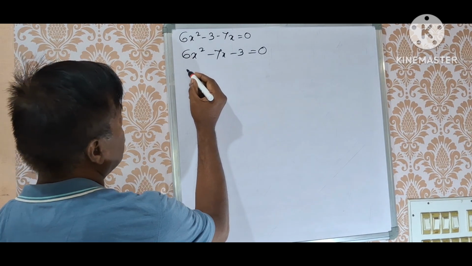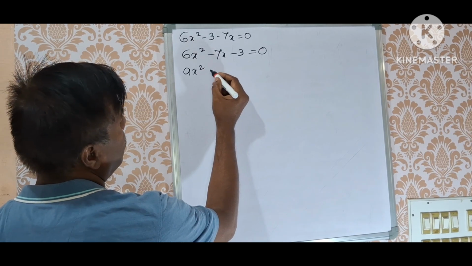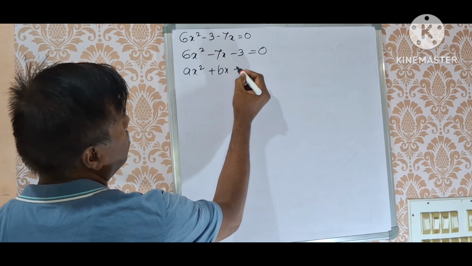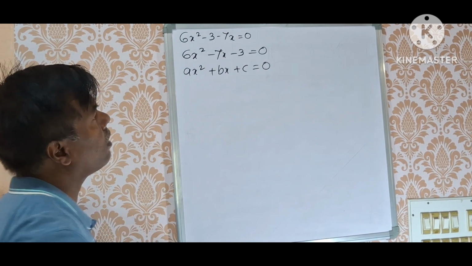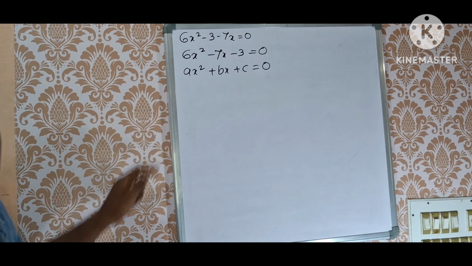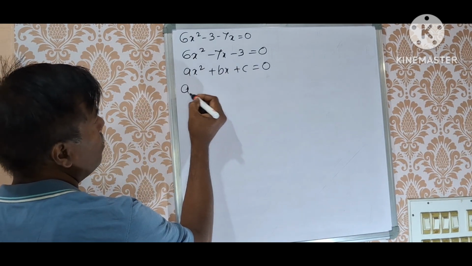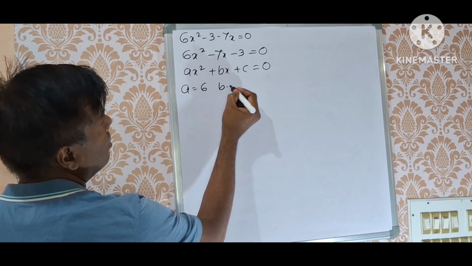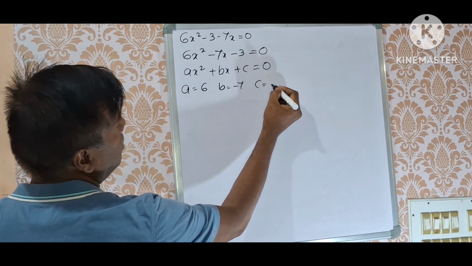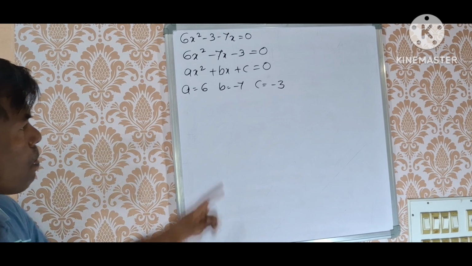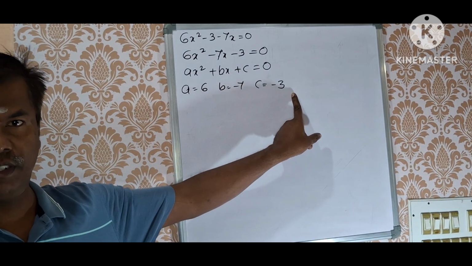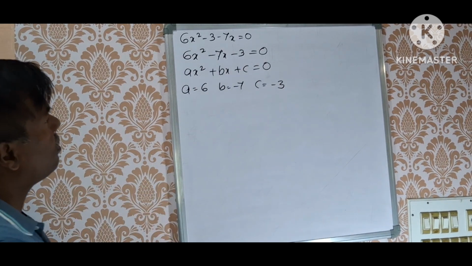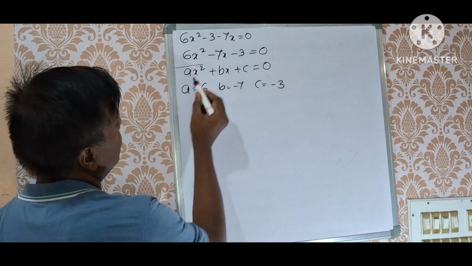What is the general form of quadratic equation? ax square plus bx plus c equals 0. Comparing these two equations, we find the value of coefficients. Value of a is 6, value of b is minus 7, value of c is minus 3. These are the coefficients. Now solve the given equation.